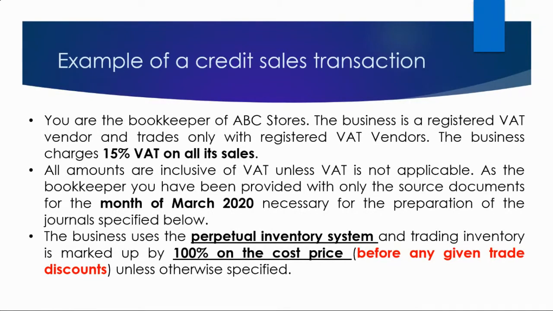Yes, Jamila. So if the cost price is 100, profit is 100, then our sales price would be 200%. So we add 100 to the original 100 to get to the 200%.